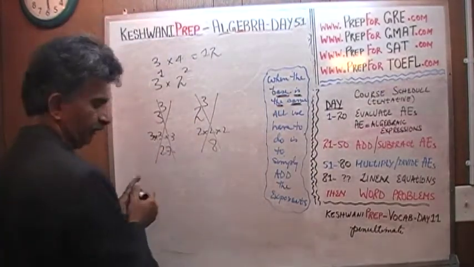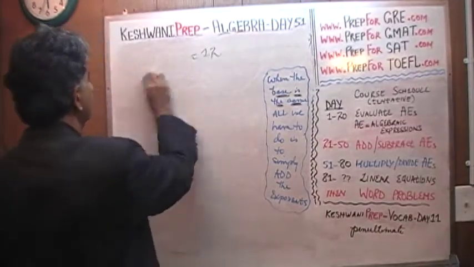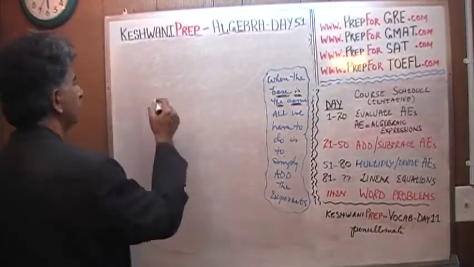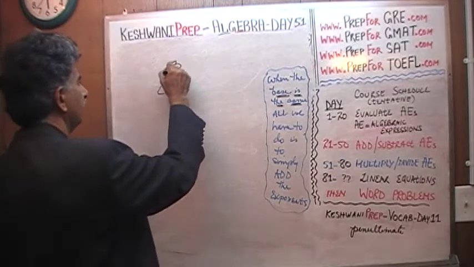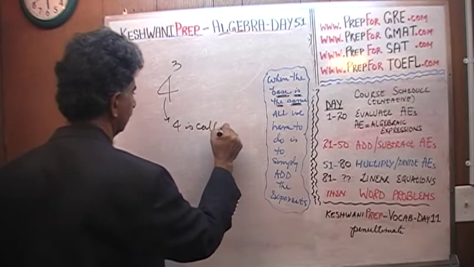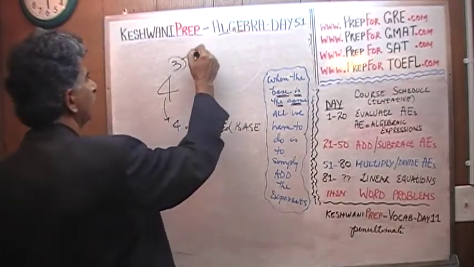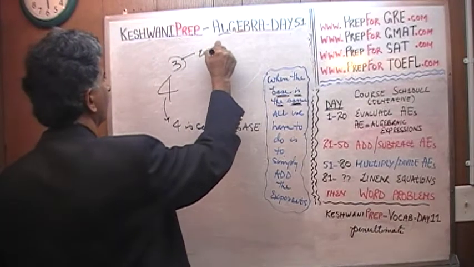This is called the base. We never introduced this concept. In 4 raised to 3, 4 is called the base, and 3 is called the exponent.